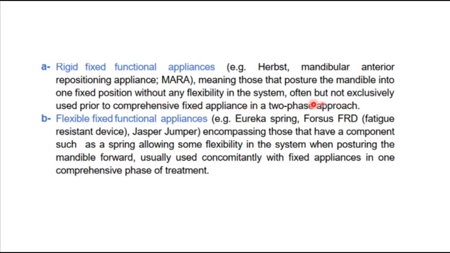That means they are completely rigid; they cannot be altered or moved. So it is not exclusively used prior to a comprehensive fixed appliance, so it is used in a two-phase approach.